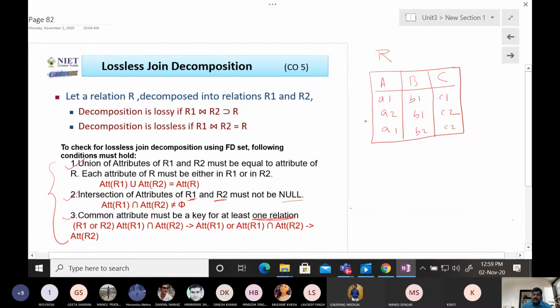Now if we decompose this table into two small tables, the first table consists of A, B and the second table consists of A, C. Now let me know whether the first condition is satisfied or not, whether the second condition is satisfied or not in this decomposition.